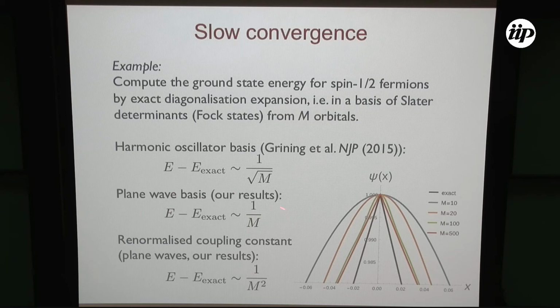So we worked with plane waves and found a 1 over M scaling for the energy error, and you can renormalize the coupling constant, essentially using a running coupling constant, that improves this by 1 order. It's still slow, and of course the wave function won't become any better.